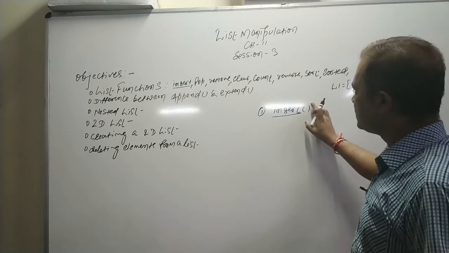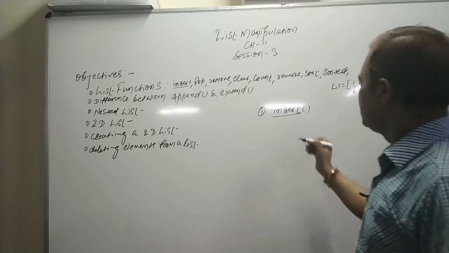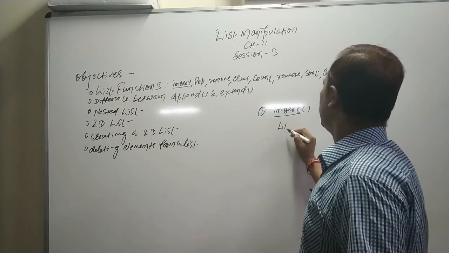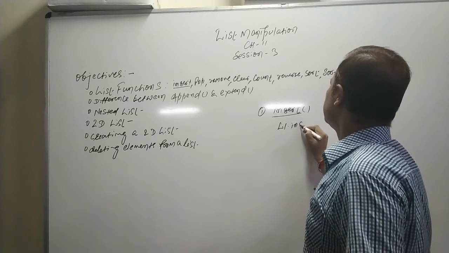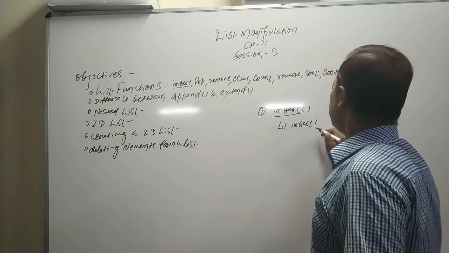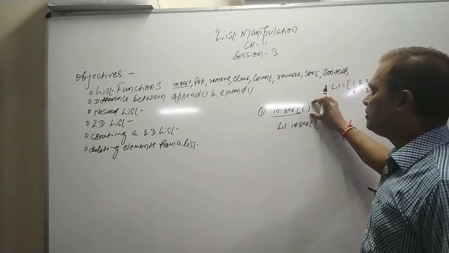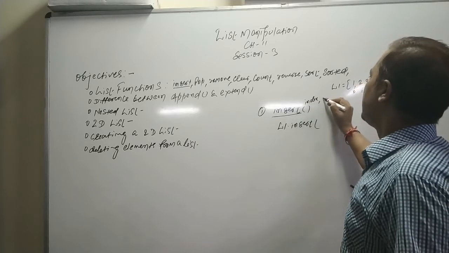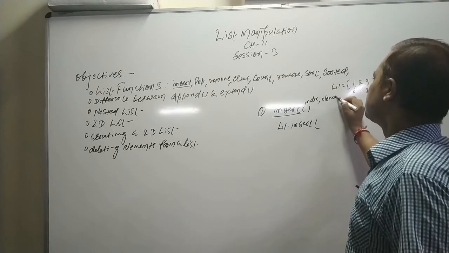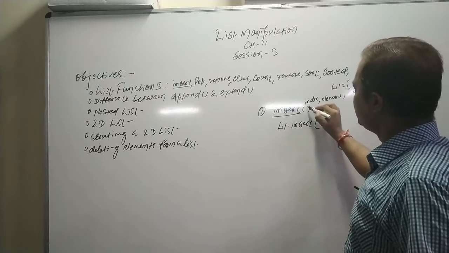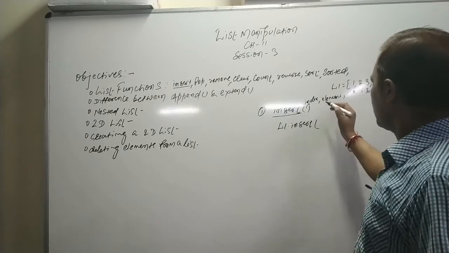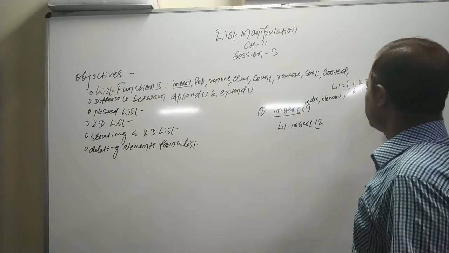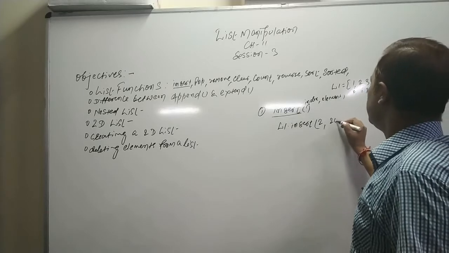So how to use this insert method? You have to say L1 dot insert. This is a method, and inside it you have to pass two parameters. First is the index position and second is the element. The index is the second position as I mentioned, and the element is suppose 20.